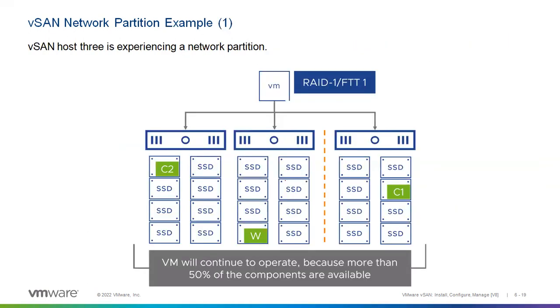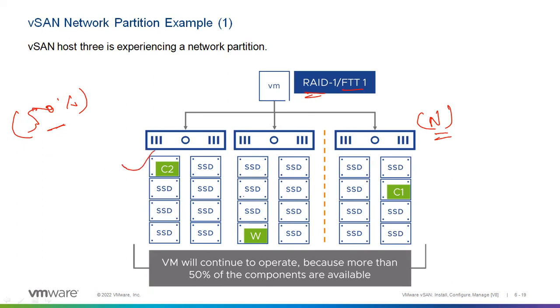Now here is an example of how a host will be affected if a network partition happens. Network partition means, if I'm using FTT1 with RAID 1 on 3 nodes, and one of the nodes goes into isolation, meaning it's not communicating over the vSAN network, I am still okay, because my condition is that if more than 50% of the votes are live, my data is still reachable.